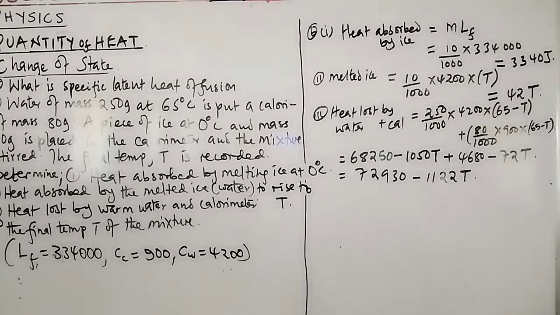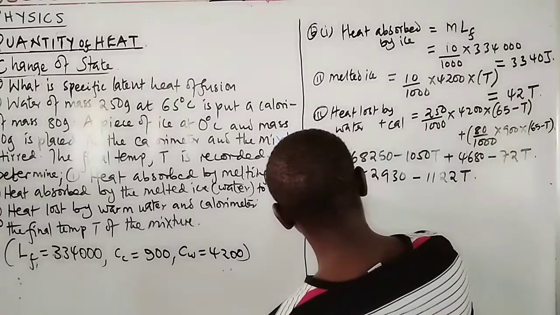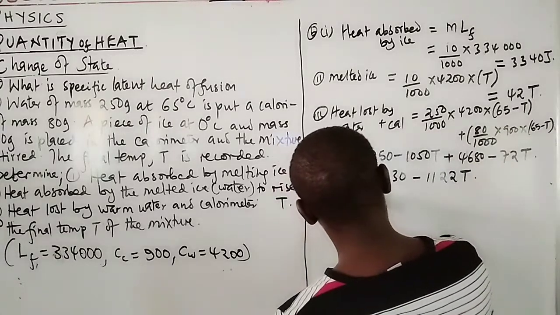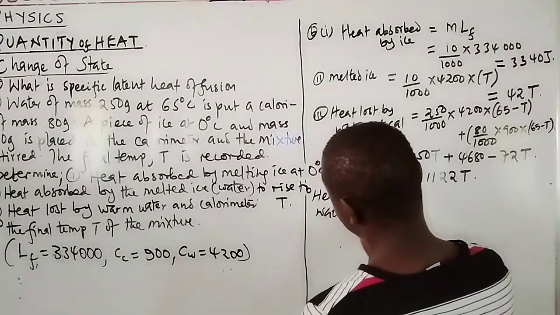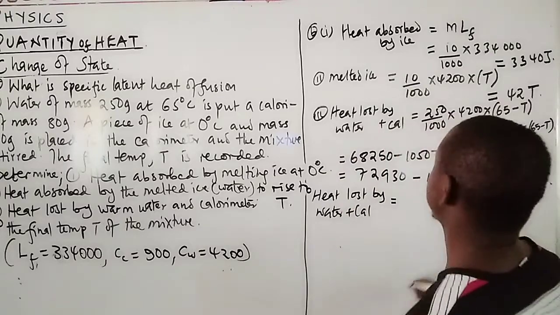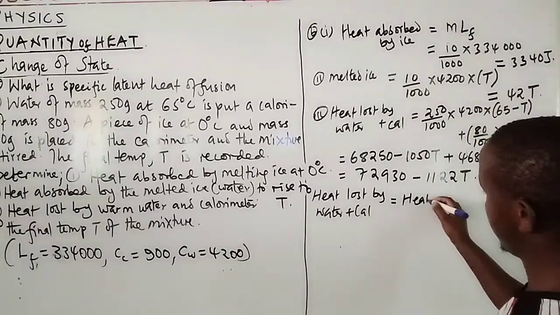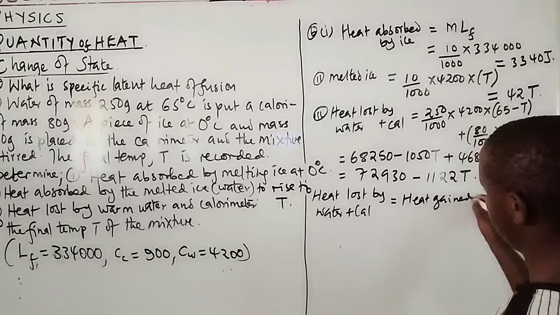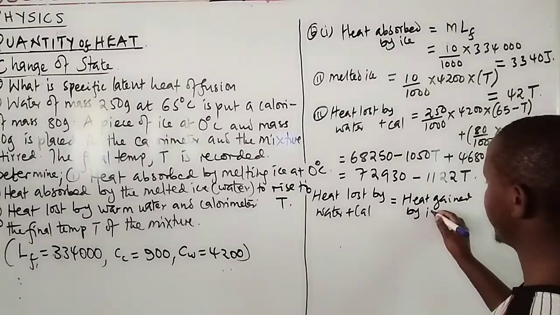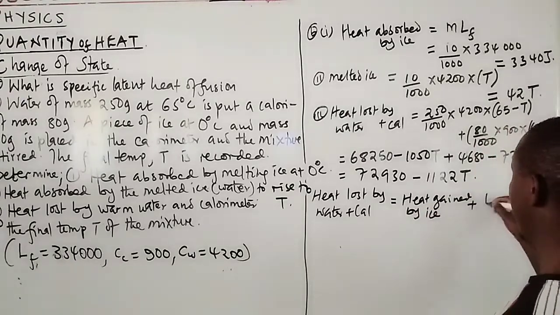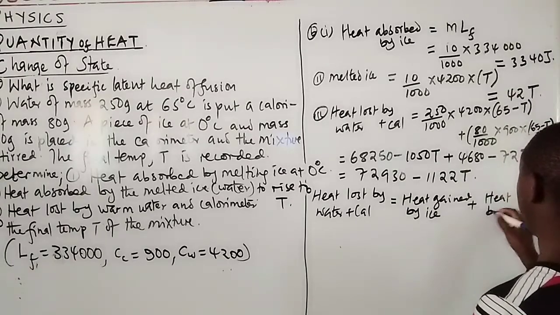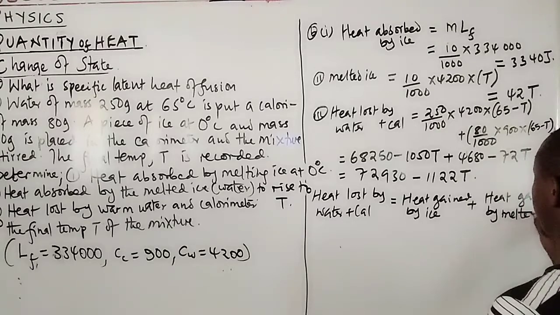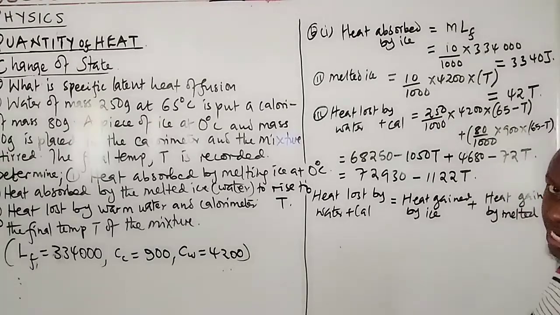Now, we are to find the final temperature T. So we'll say heat lost by water and the calorimeter will be the same as heat gained by ice as it melted plus heat gained by the melted ice, or water.